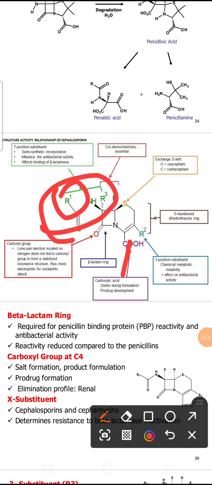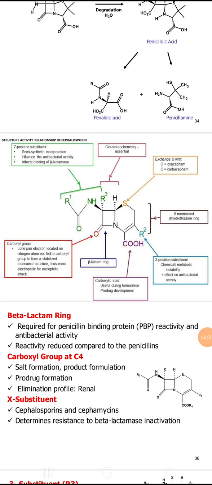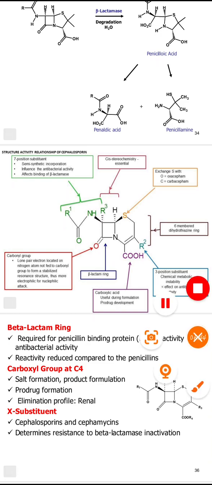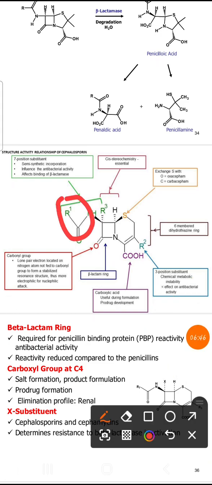Also, the R1 position, the acyl side chain, is important for newer analogs and newer generations of cephalosporins. It also determines beta-lactamase stability. The beta-lactamase stability of some cephalosporins depends upon this acyl side chain, the R1 substitution. In addition, the spectrum also depends upon this acylamino side chain.